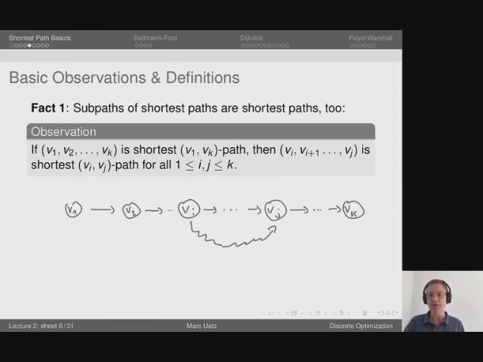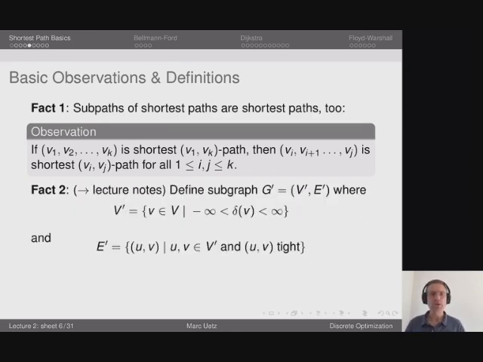Another observation is concerned with the algorithms that we are going to look at, because in some sense, what we're going to compute is only distances to vertices in the graph and not the paths themselves. And I would like to motivate why we can do that.